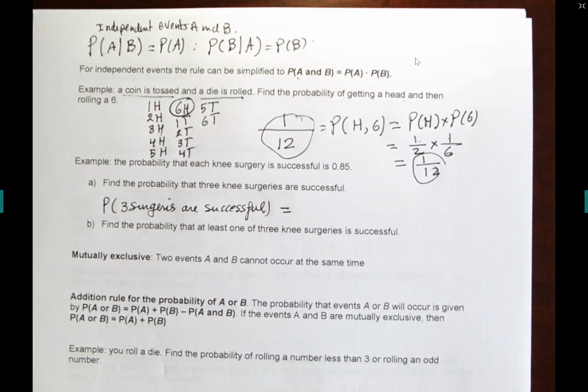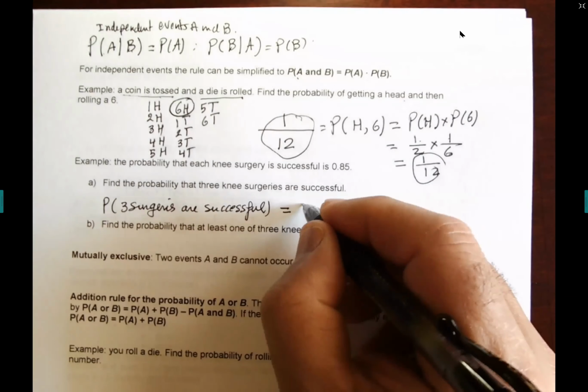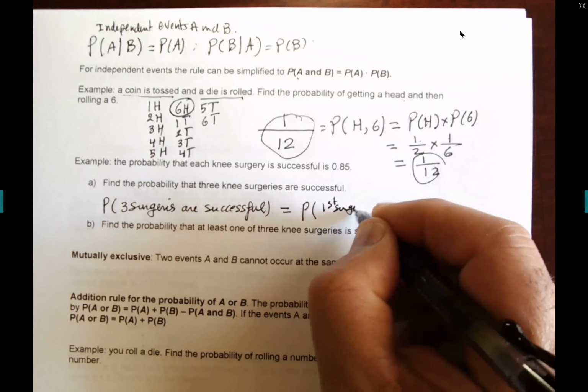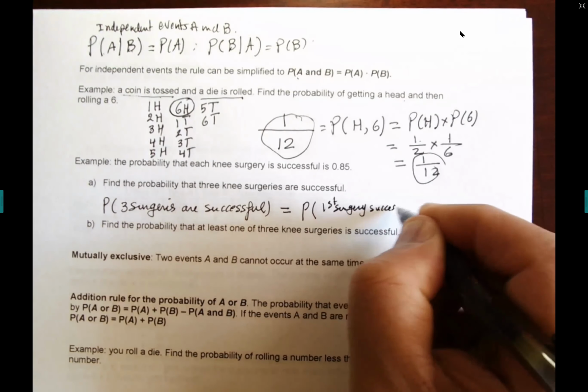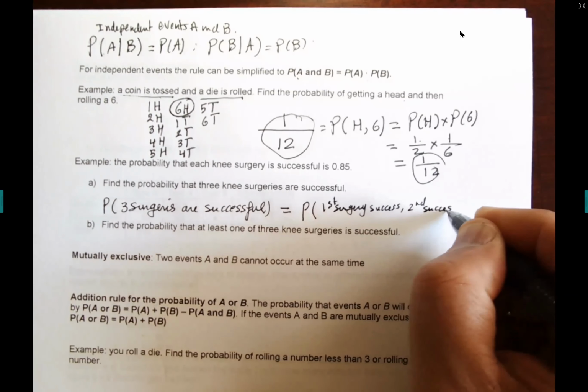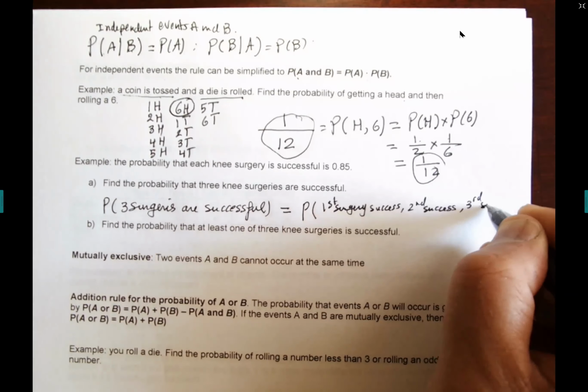How would you figure out the probability that all 3 surgeries are successful? So we need success in the first one, success in the second, and success in the third. Does anyone have the answer? What do you think? It is the probability of first surgery success, second surgery success, third success.